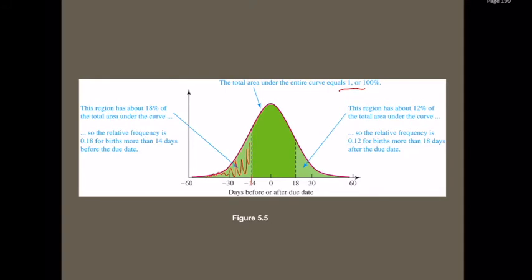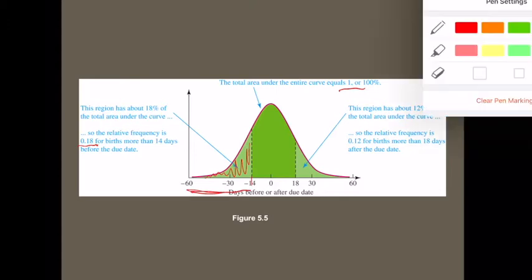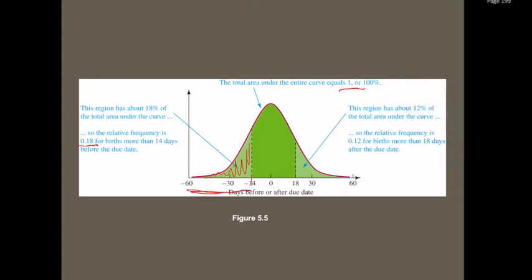So that means there's a 1% chance that births happen 14 days or more before their due date. This region over here has an area of 0.12. Okay, that's 12%. So the relative frequency that you have a baby 18 days after your due date is only 12%.